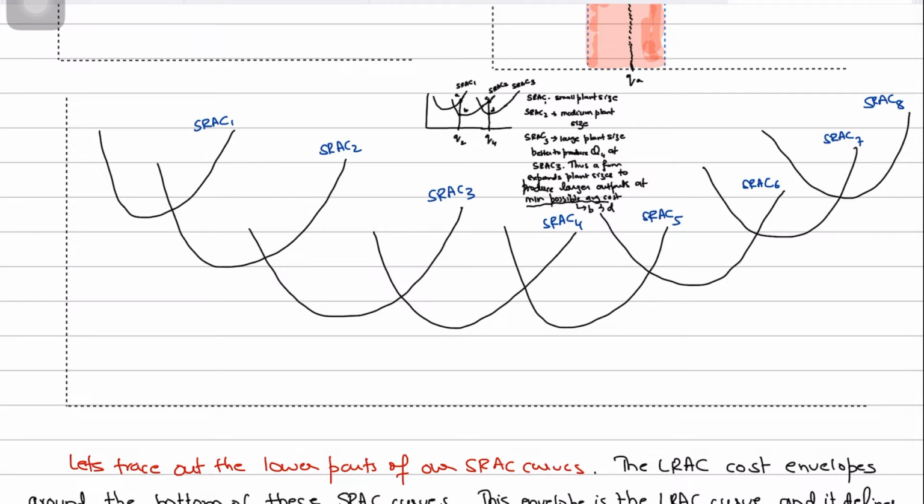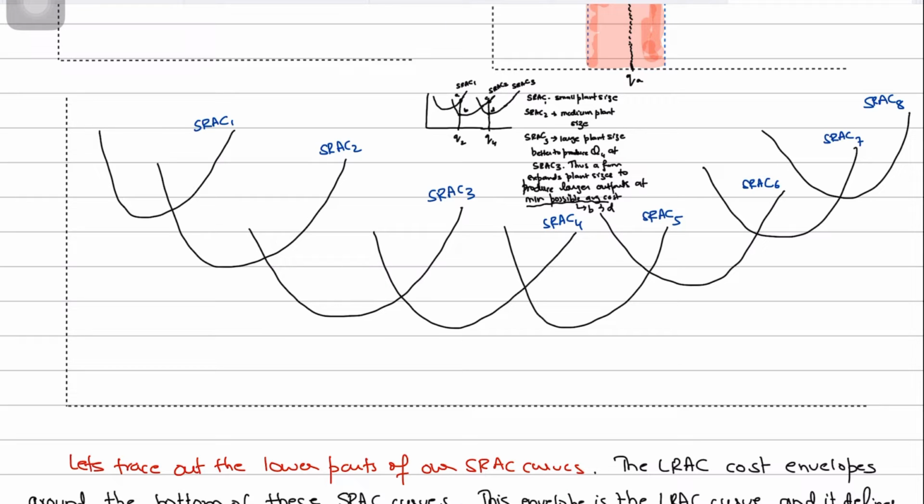So these 8 SRAC curves, guys, are all associated with different levels of capital. When you say different level of capital, you're actually trying to say the extent of capital, which will obviously differ as the firm grows in size and scales up.